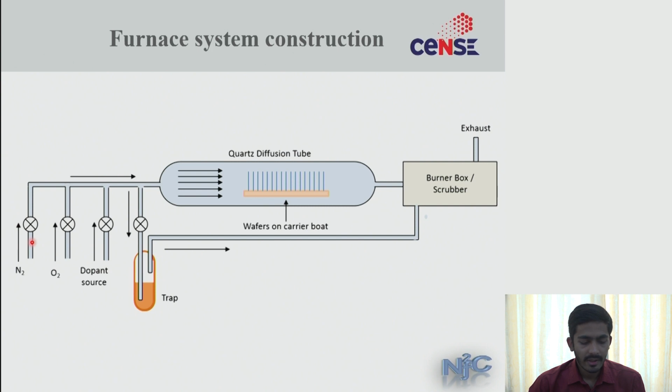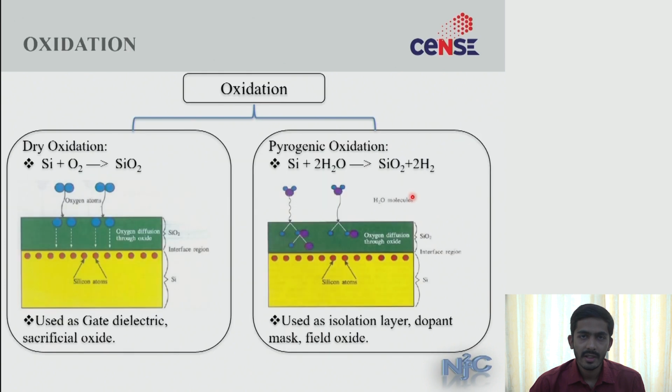At one end of these furnaces you have your precursors such as oxygen, nitrogen and the respective reactants required for the reaction. You have your wafers placed in this orientation inside the furnace, and on the other end you have an exhaust system which is used to take out any byproducts generated during your process.